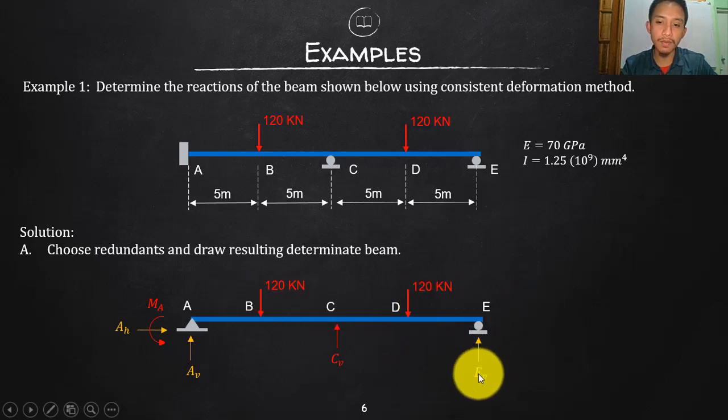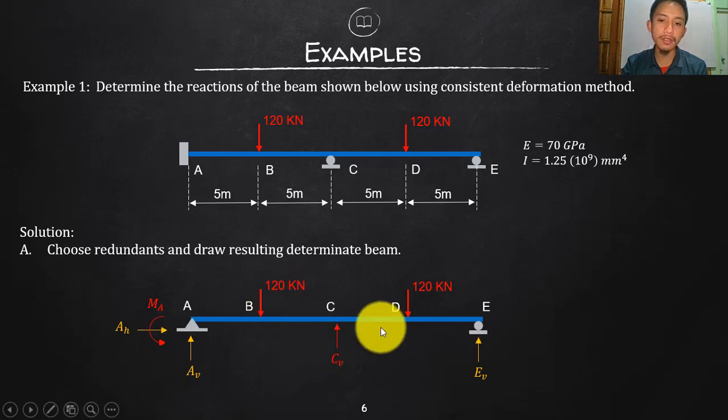Then I will solve the remaining reactions, and later put all of these reactions back onto the original indeterminate beam. Those are then the reactions of our originally indeterminate beam. So we are done. This is my first procedure: I choose my redundants, the moment at A and the vertical reaction at C.